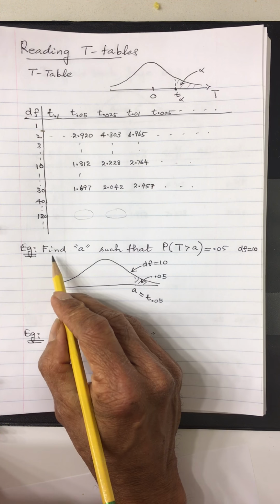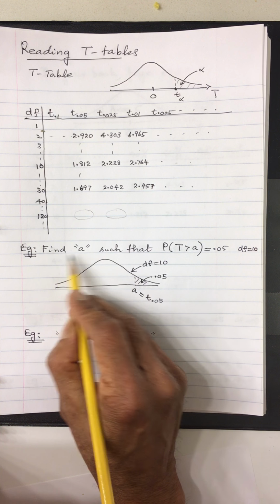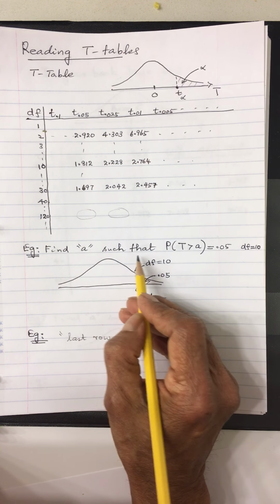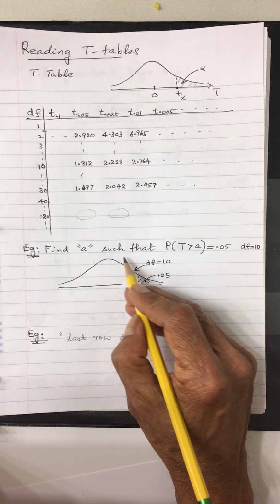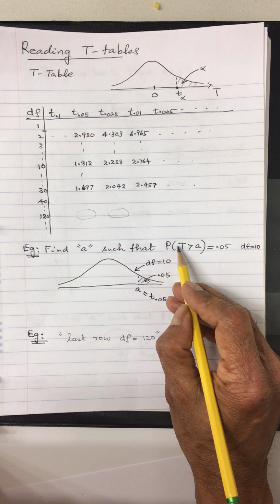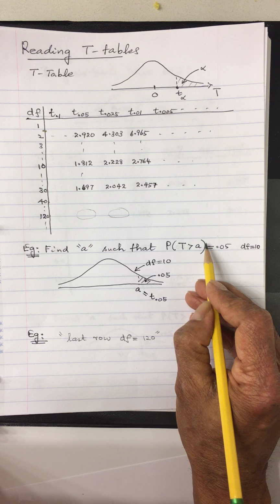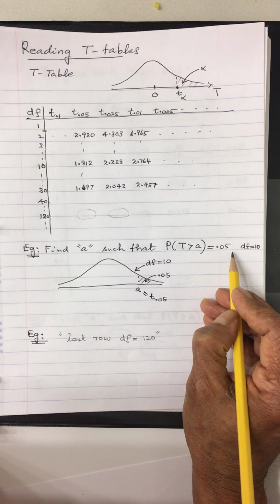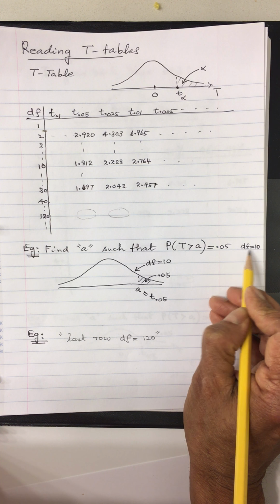Now, say for example, you want to find the A value. The A value is on the x-axis such that the probability of the T distribution being more than A equals 0.05. Suppose the degrees of freedom is 10.